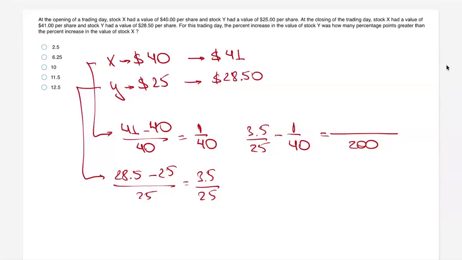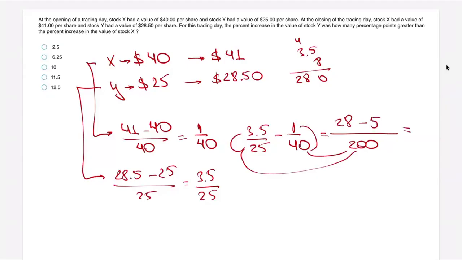Yes? 200 divided by 25 is 8 times 3.5, 28. 200 divided by 40 is 5 times 1 is 5. So you'll be 23 over 100. So you'll be half, 11.5 over 100. So 11.5%. Okay?